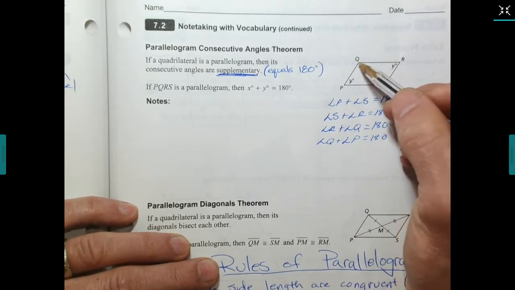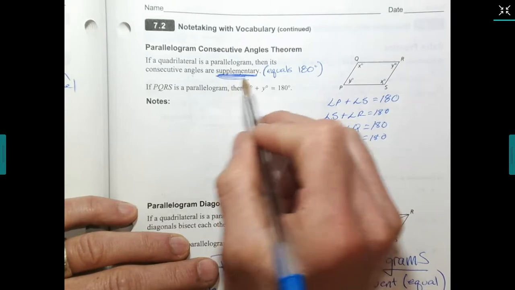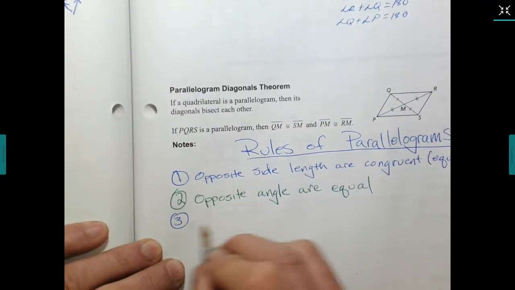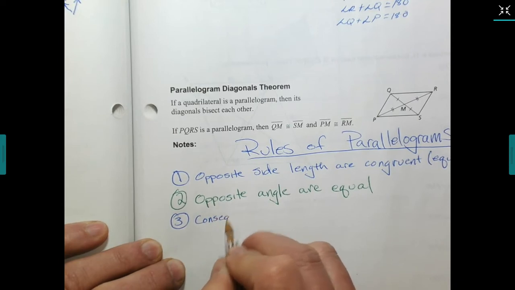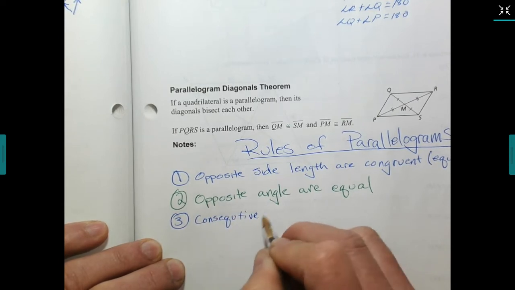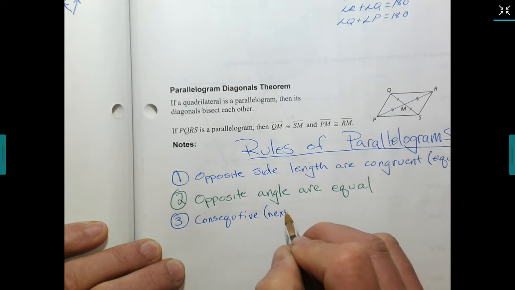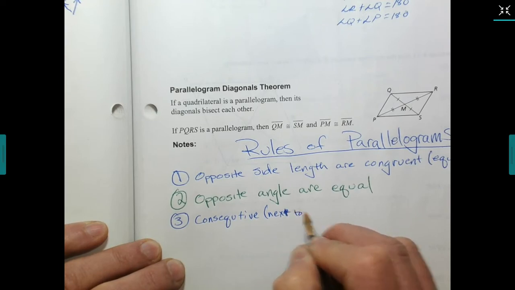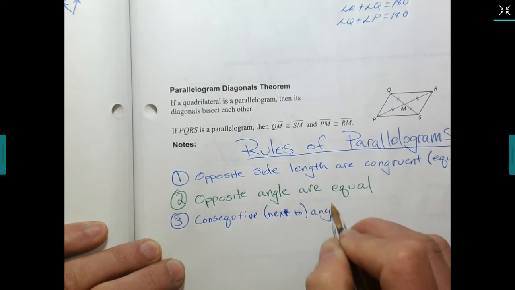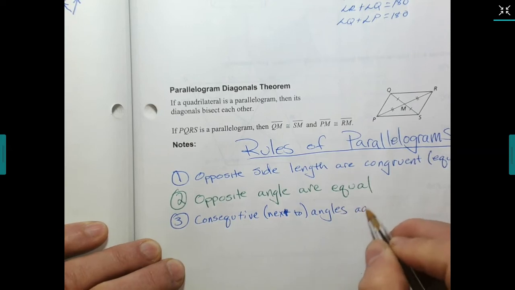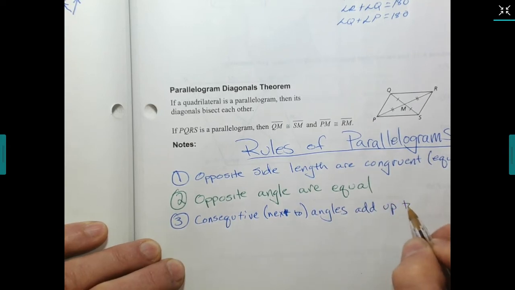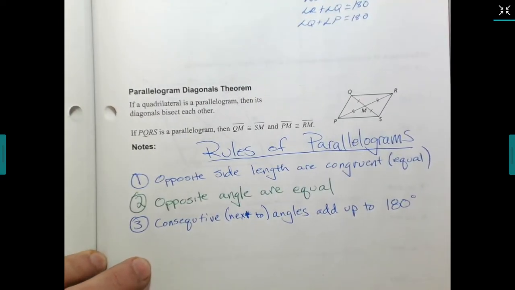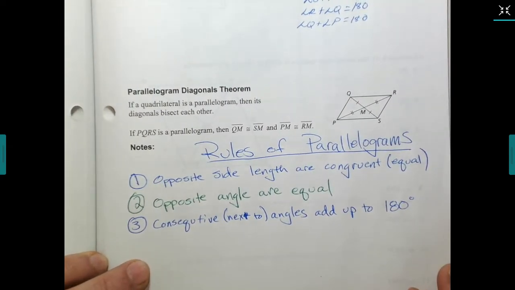Consecutive angles are supplementary. Number 3, consecutive, or next to, angles add up to 180 degrees.